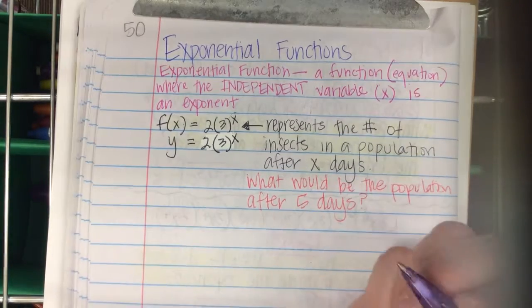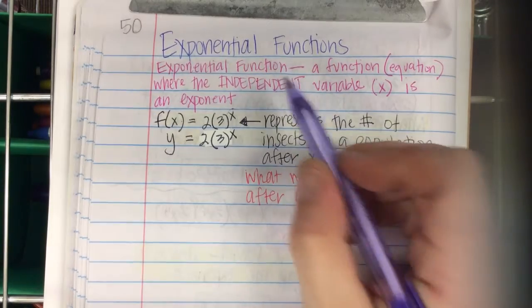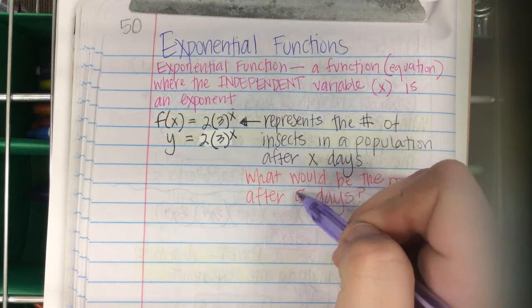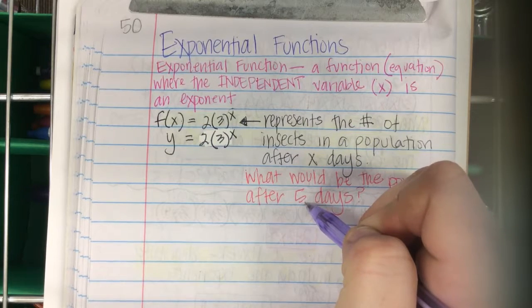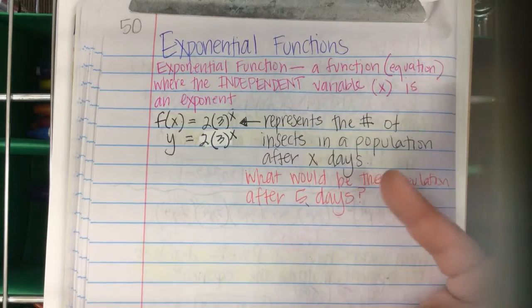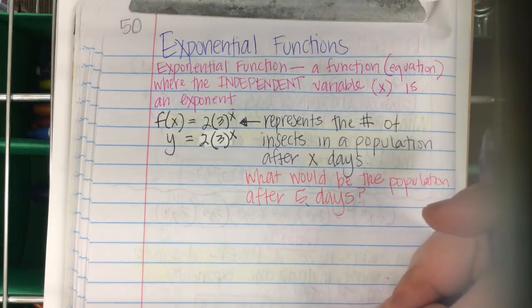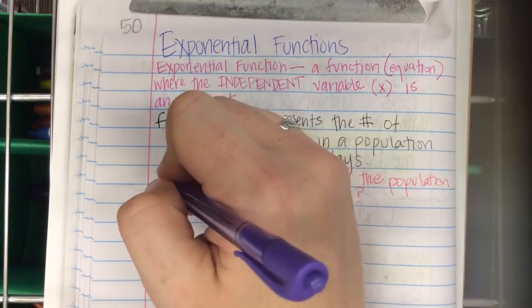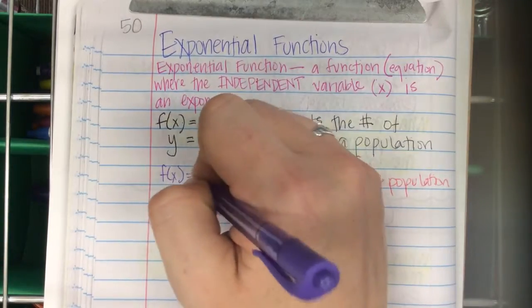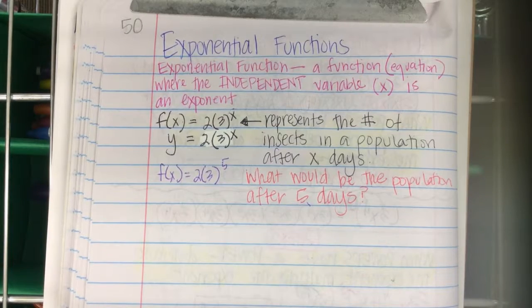So I'm going to substitute. They tell me 5 days. That's my independent variable. Because in 5 days, what's going to change? The number of fruit flies. The number of fruit flies, or whatever this is, depends on how many days. So f of x equals 2 times 3 to the 5th.